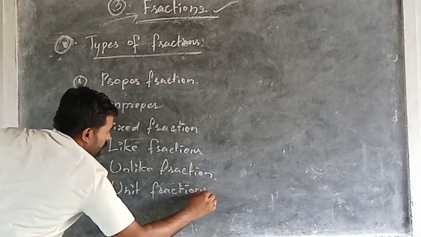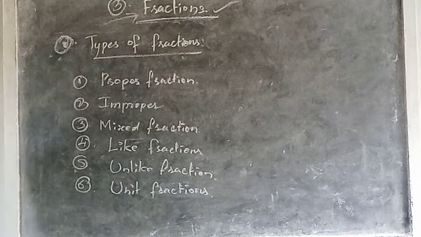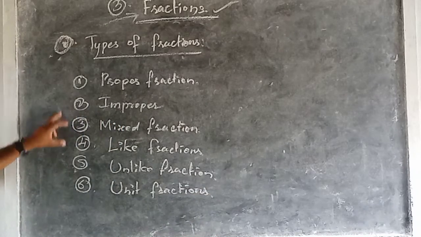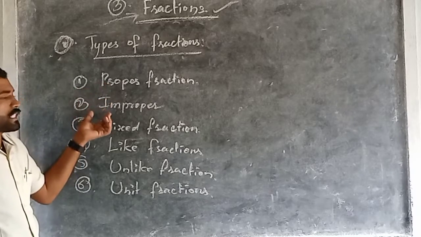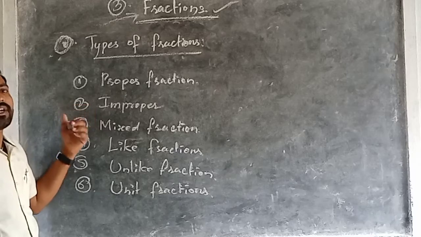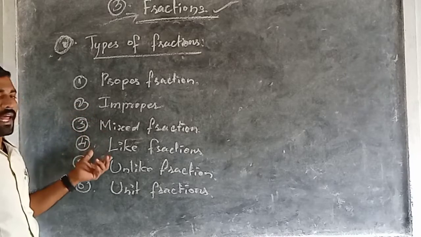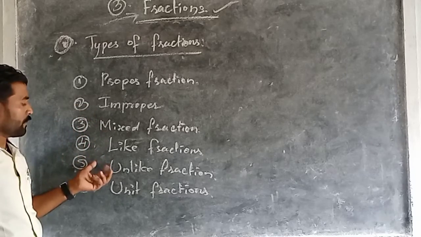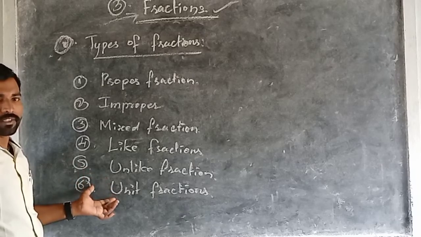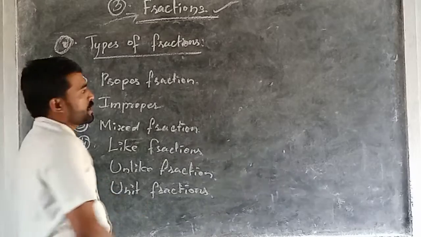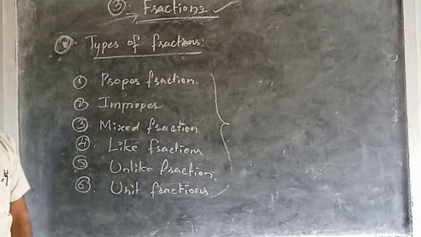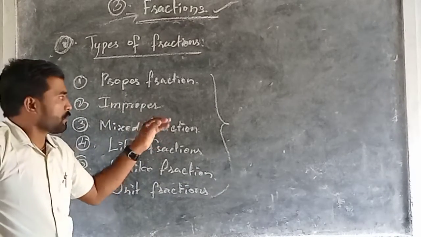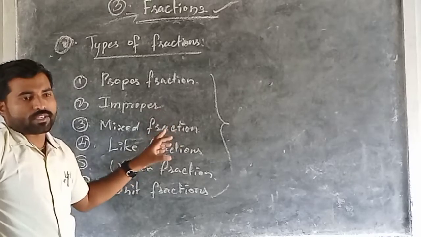So the first one is proper fraction, the second is improper fraction, then mixed fraction, like fraction, unlike fraction, and unit fraction. Let us discuss these six types of fractions.